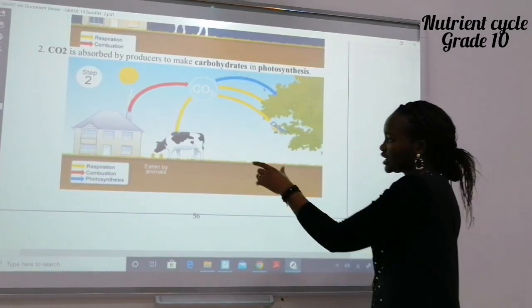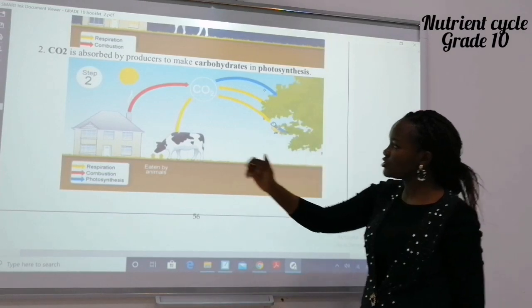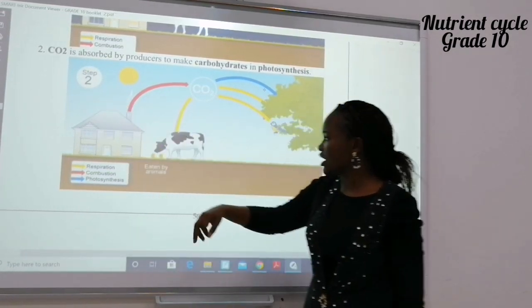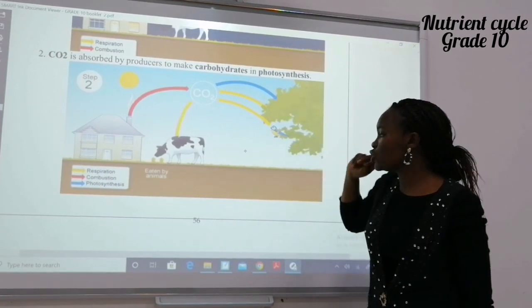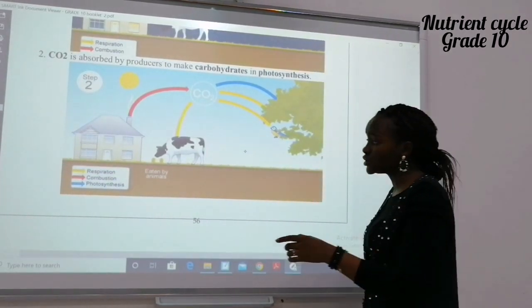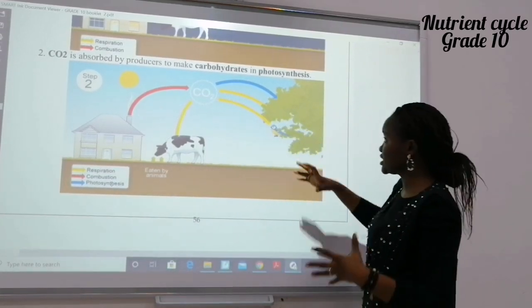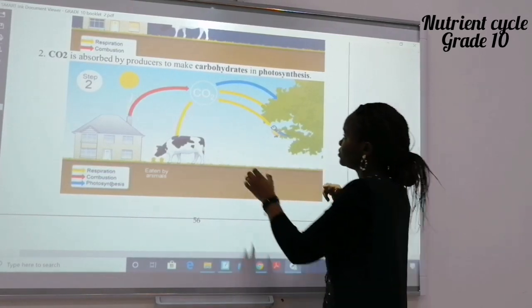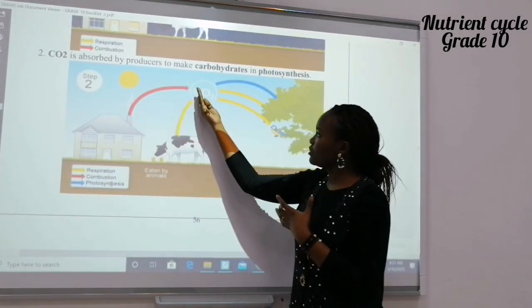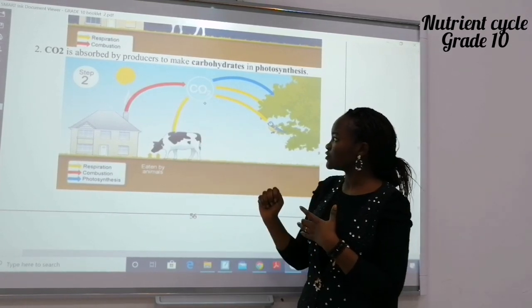In step 2, you can see we have an extra arrow, the blue one. We know the red is combustion and the yellow is respiration. The blue one represents photosynthesis, a process where plants make their own food. Combustion gives carbon to the atmosphere, and respiration gives carbon to the atmosphere.